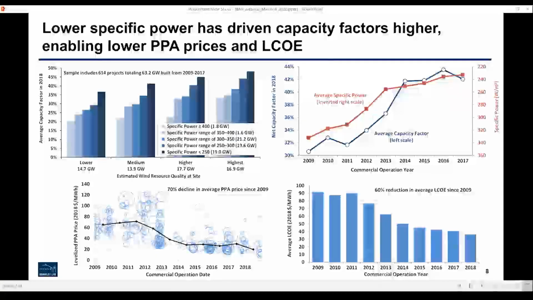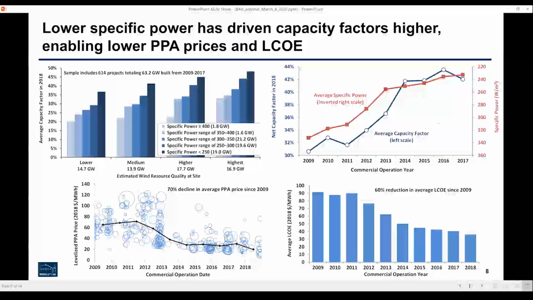Earlier, I mentioned that all else being equal, a lower specific power leads to a higher capacity factor, and you can see that very clearly in the empirical data on this slide. So the graph on the top left groups about 63 gigawatts of wind into 5 different specific power bins across 4 different wind resource bins, and shows that you can get just as much of a boost in capacity factor by reducing specific power as you can by moving to a higher wind resource bin.